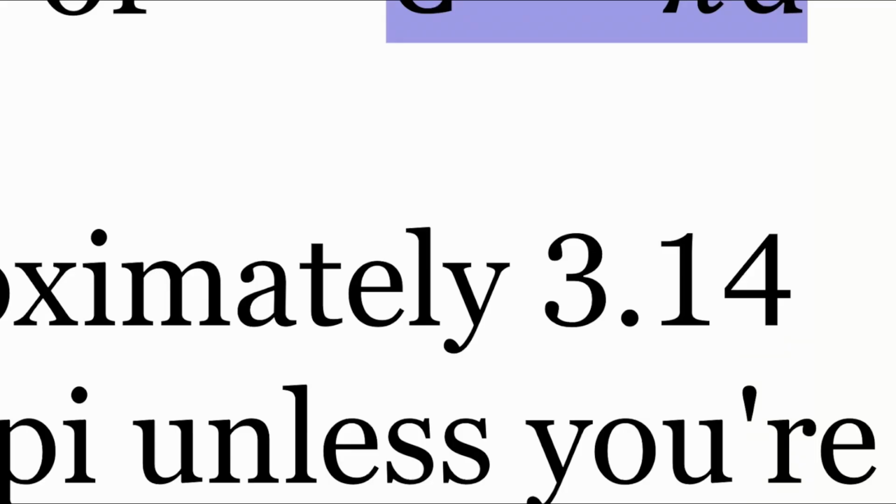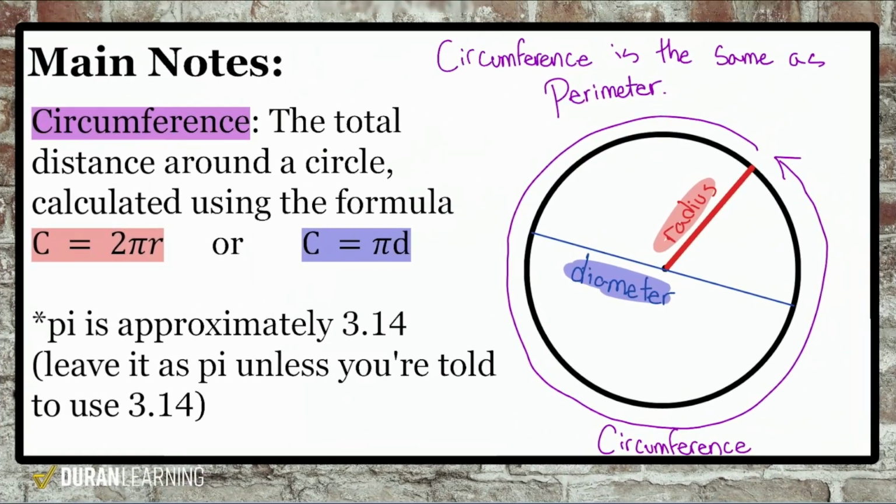Pi is approximately 3.14. It's an infinite irrational number that you cannot really ever write out. So you use the symbol pi whenever you want to use exact values. But if the problem says to use 3.14, that's telling you to just replace pi with 3.14. And that's it.